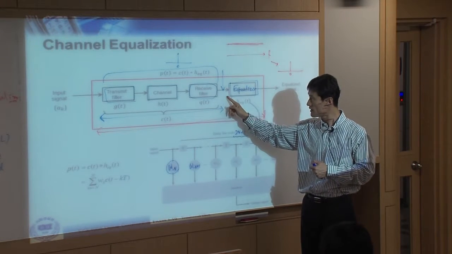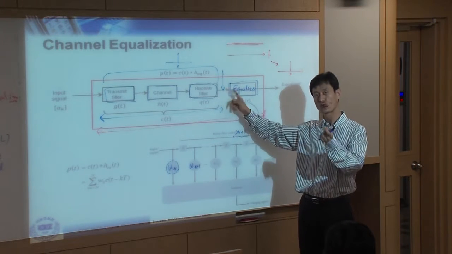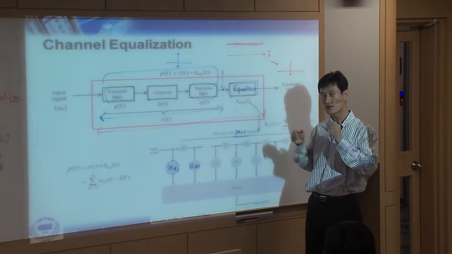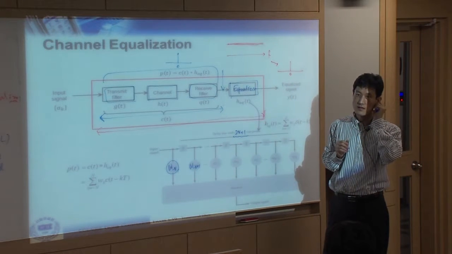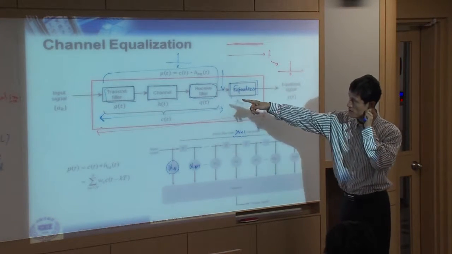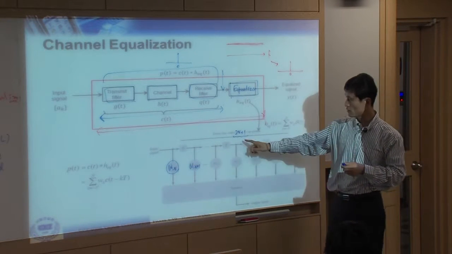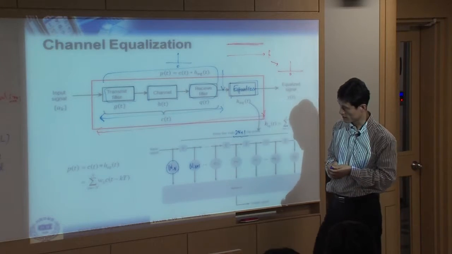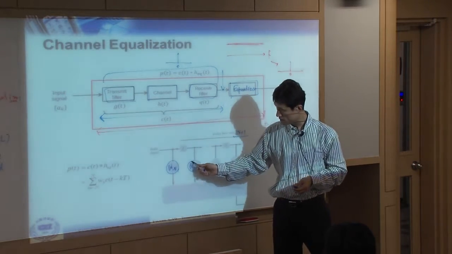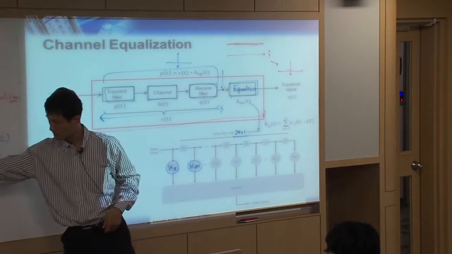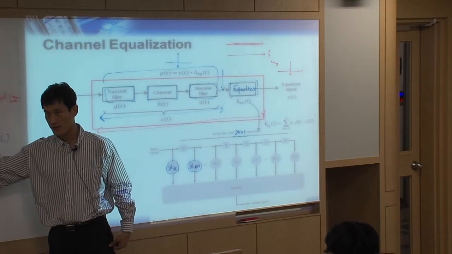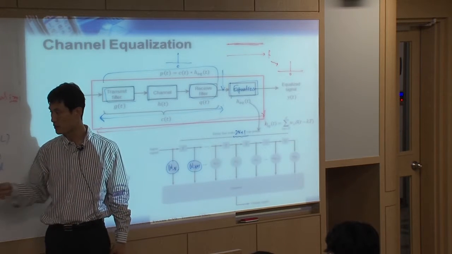If only one simple interference goes to it, the equalizer filter can be simple. So that depends on how much interference we have. That was the first one.